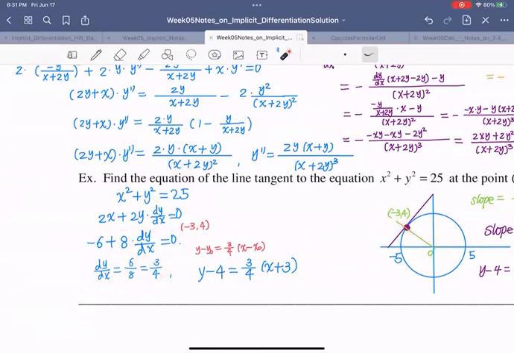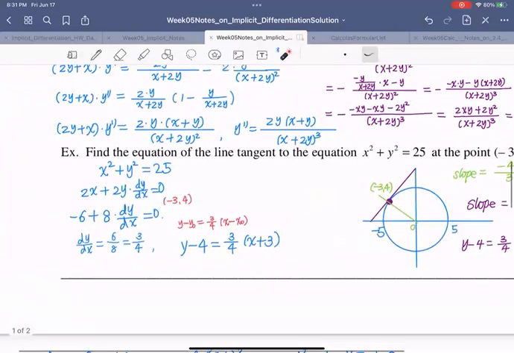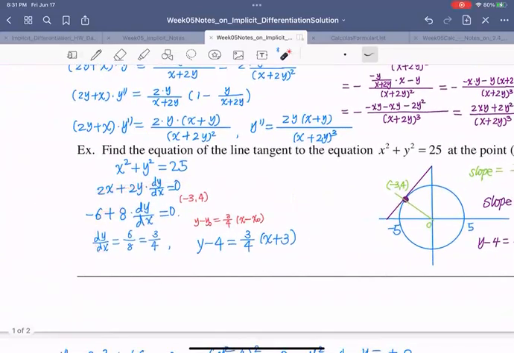And you may wonder, hey, this way is so simple. Why do I need to bother with this way? Look, this is easy because it's a circle and it's centered at (0, 0). I can immediately change this to a very hard question. Say I change this to an ellipse, or a hyperbola. Then you won't be able to solve it without calculus.